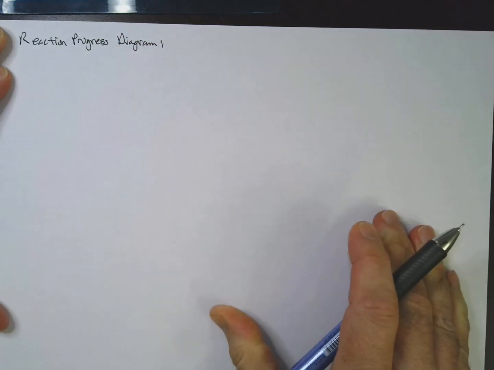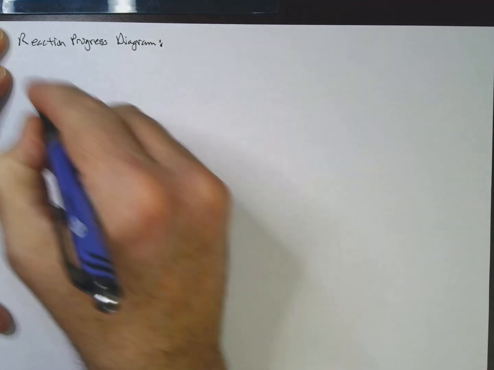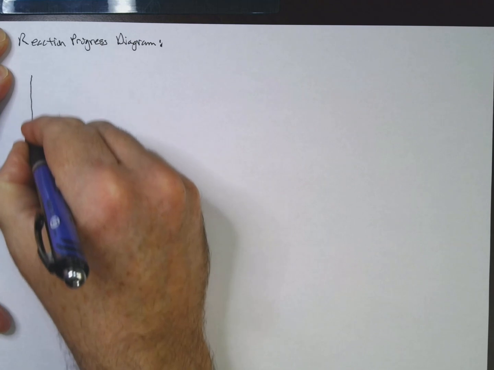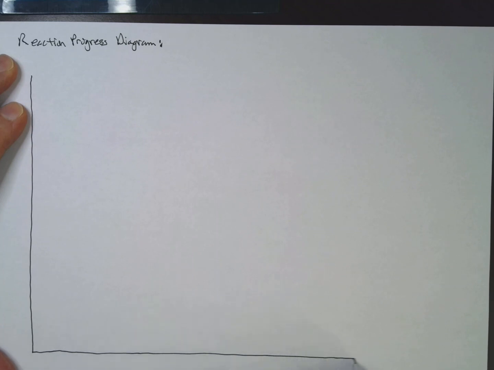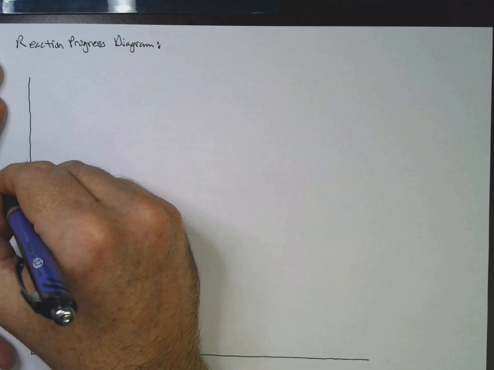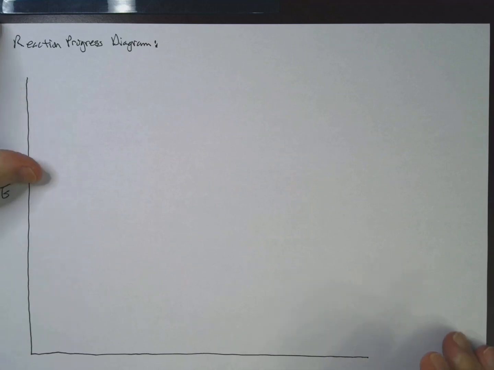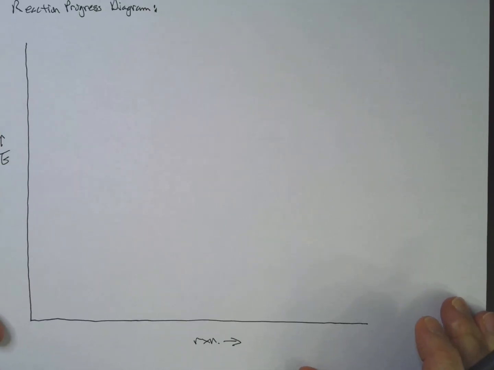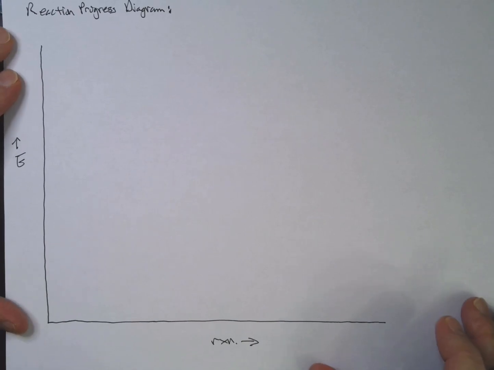And so this is for the conjugate addition of HBr to 1,3-butadiene. So I've got energy on that axis, and then I've got the progress of the reaction on that axis, which I just realized you can't see because it's off the, there we go. Keep everything in frame there.